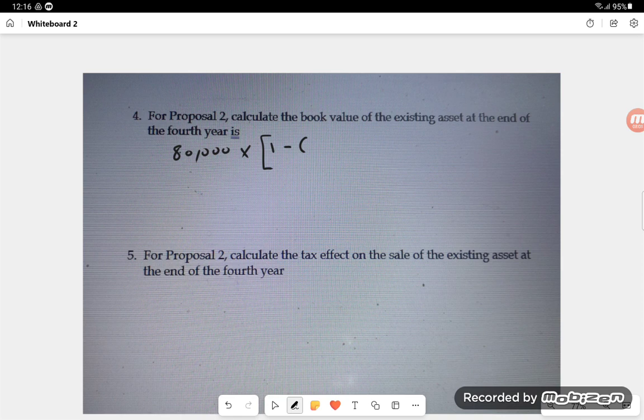It will be depreciated in 5 years. So the depreciation rates to be used are 0.2, 20%, 0.32, 32%, 19%, and finally 12%. So the book value of this asset is 13,600.